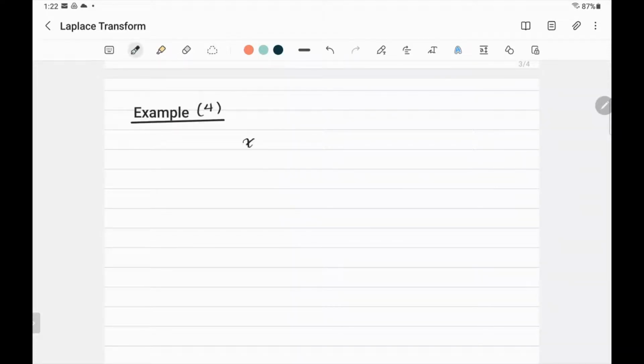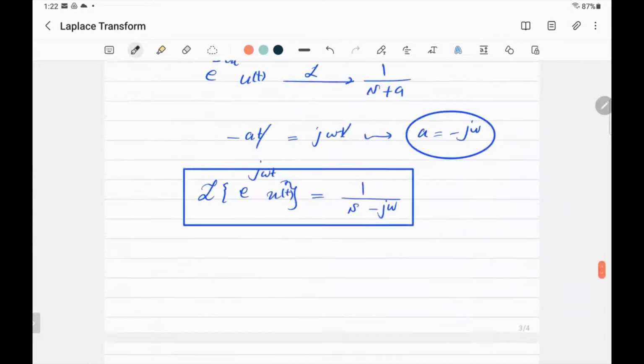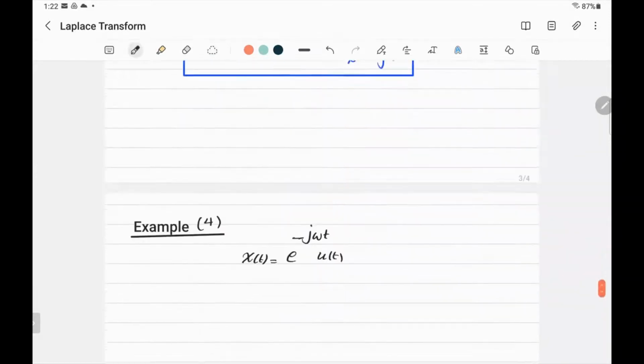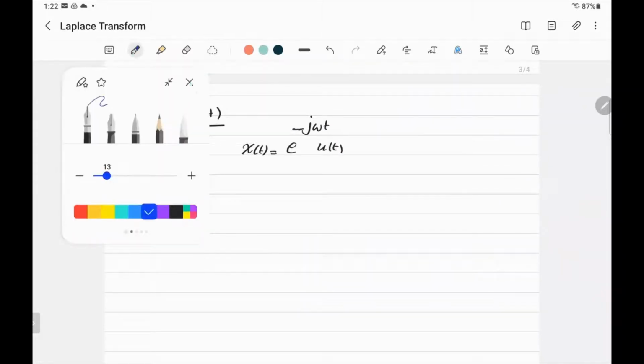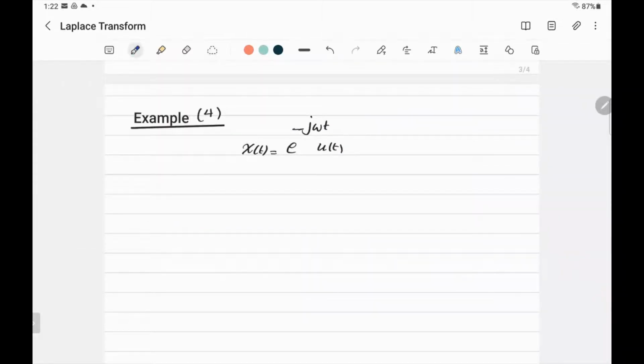I want to find the Laplace transform for e to the power of minus j omega t u(t). Yes, exactly. I know you're good. Wait for the third one now.